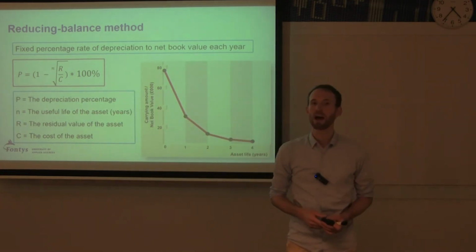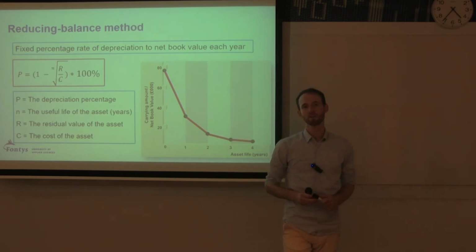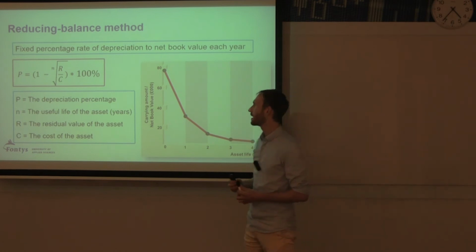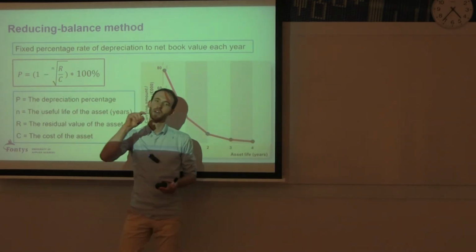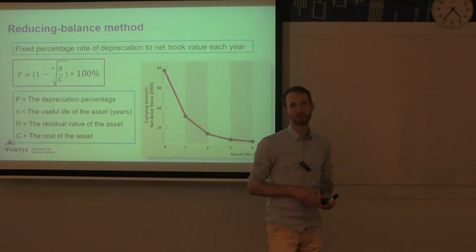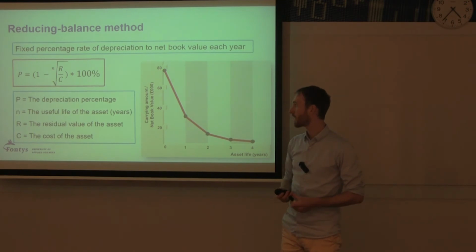So please have a look at how to put this in your calculator. Some calculators are a little bit difficult to operate in this sense, but just important is that you basically type in it's a fourth and then the root of the residual value over the cost of the asset.